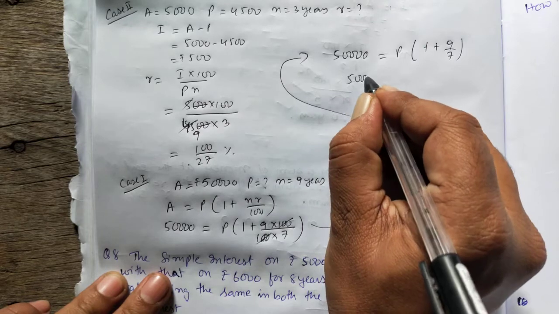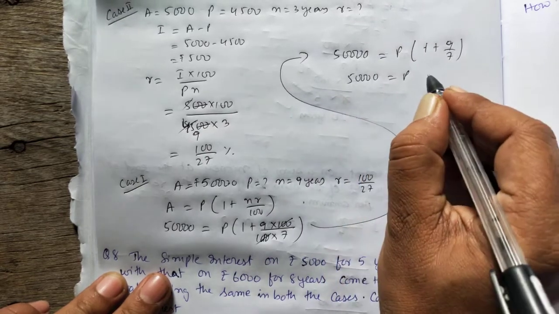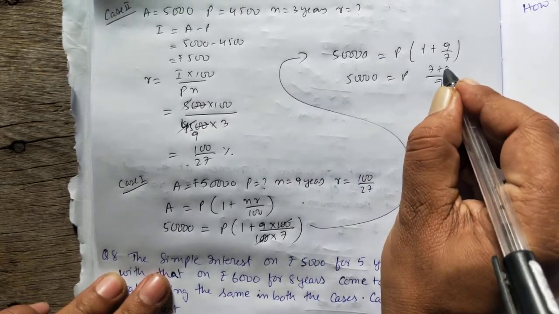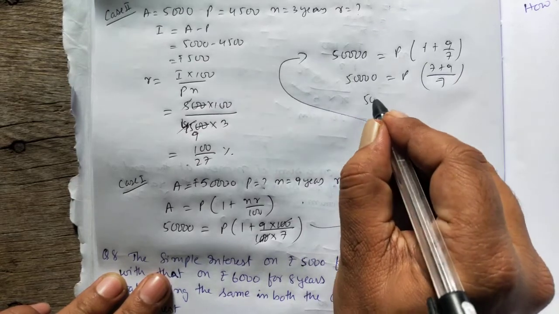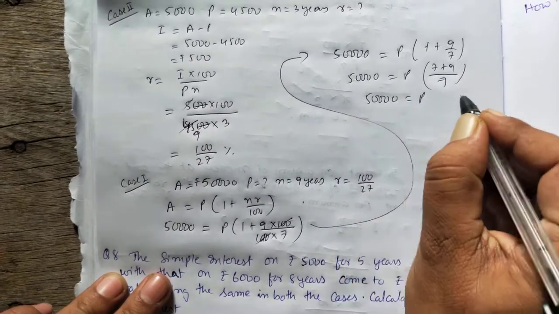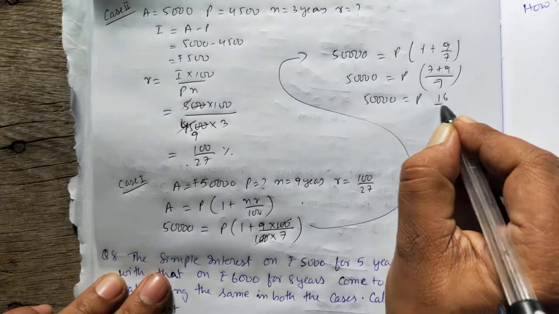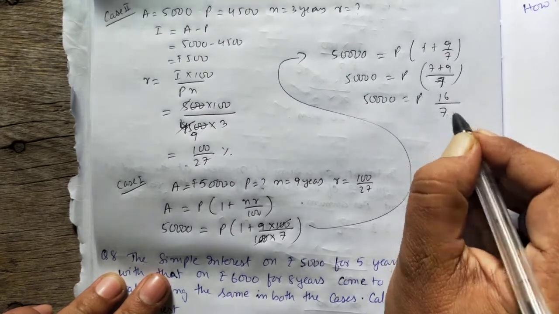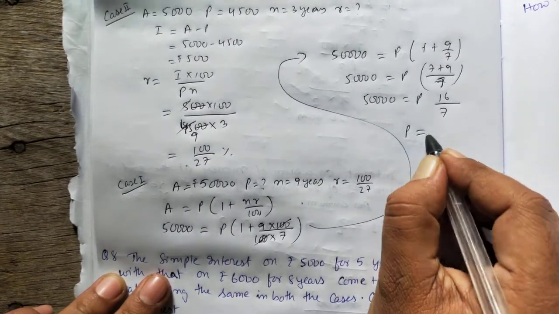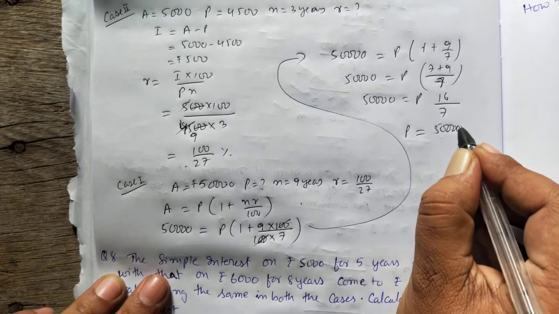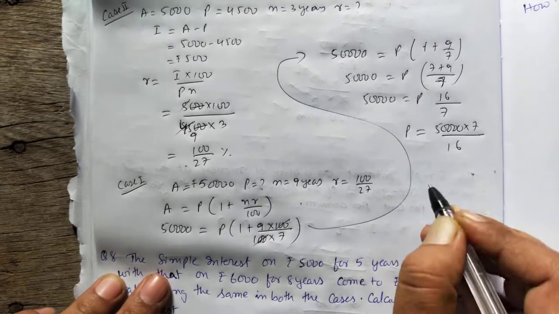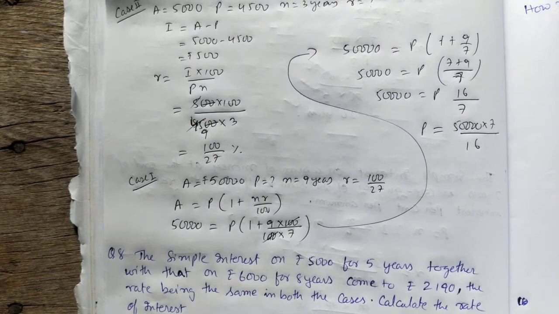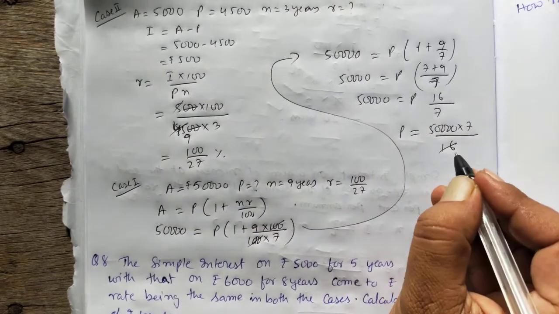Take the LCM. 27 plus 9. 16 by 27. Cross multiply. P equal to 50,000 into 27 by 16.